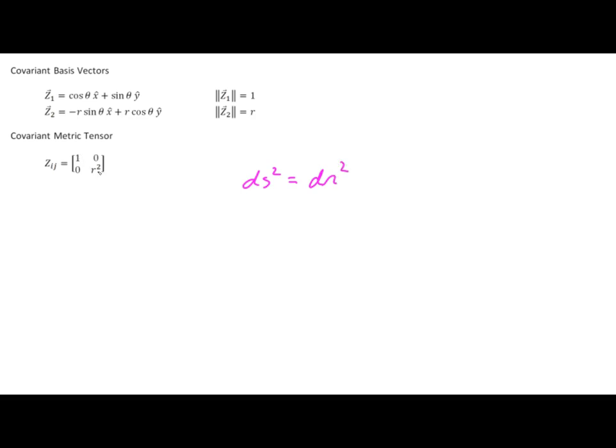And the only other term is this one, where we have z22, r squared, times dz2, and dz2 is d theta, so that's this. And that's the metric equation for plane polar coordinates. And then that translates immediately to the arc length. You know the drill here, divide everything by a factor of dt, put it under the radical and in the integration sign, and we're done with plane polar coordinates.